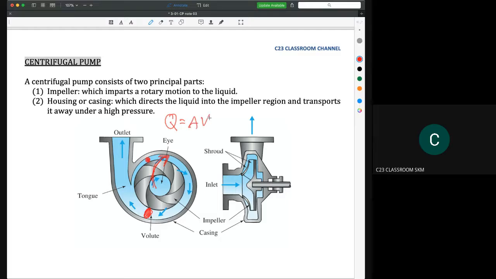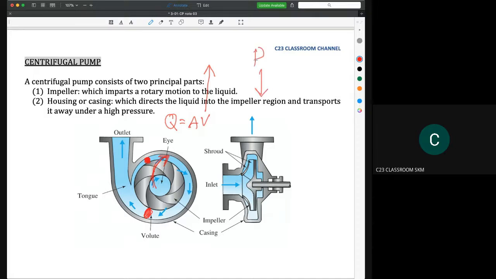So what happens if the cross-sectional area here is small? We have a higher velocity. And what happens to the pressure? If the velocity is higher, the pressure is lower.